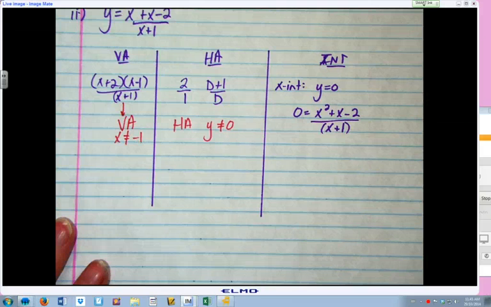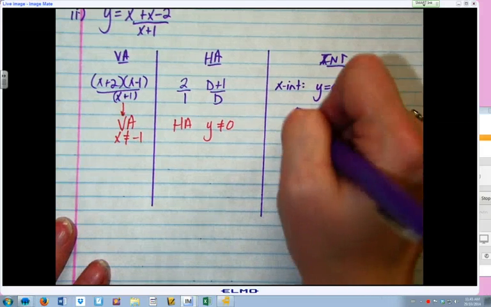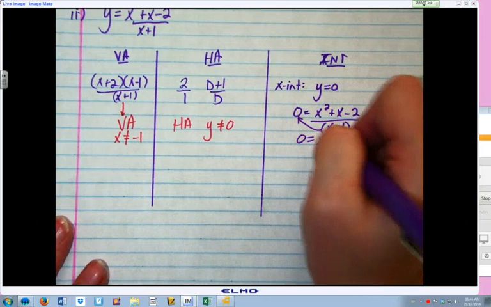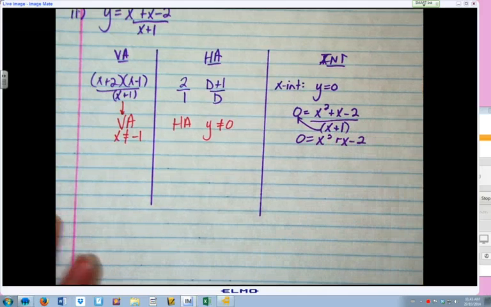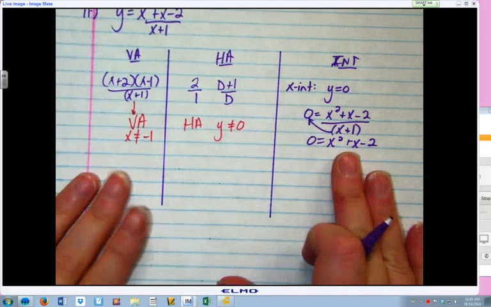How do we get rid of the x plus 1? Multiply it up so it disappears. Oh my God, what kind of equation are we left with? There are 5 ways to solve a quadratic. What are the 5 ways to solve a quadratic? Well, think about it.